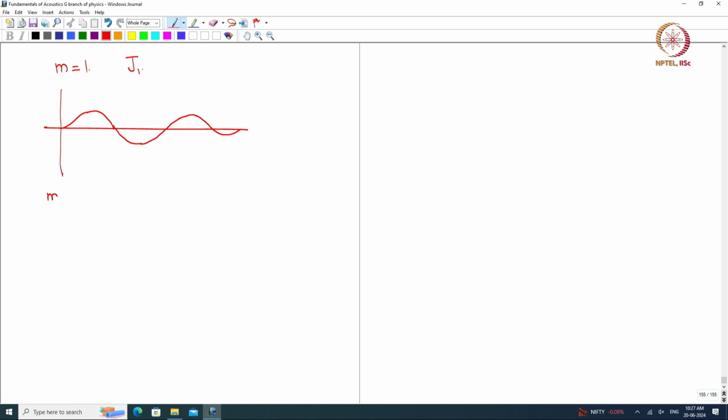So if m equal to 1, then the n equal to 0 value, the first value where it requires a 0 derivative, this value is 1.84. Then n equal to 1, this is 5.33. N equal to 2, this is 8.54, and so forth.